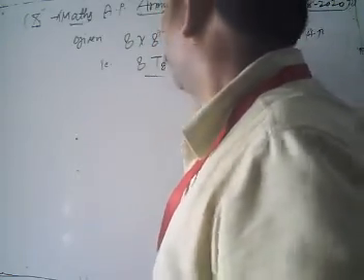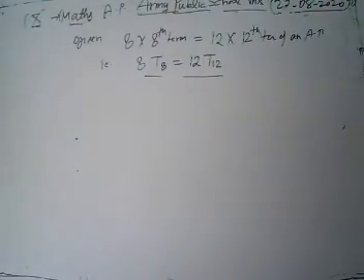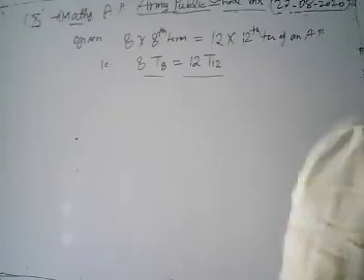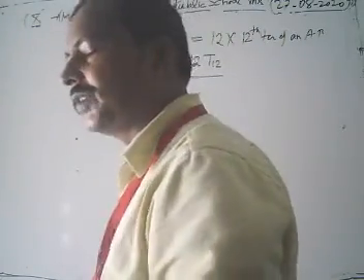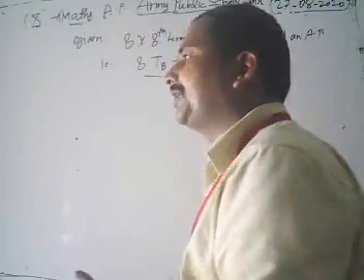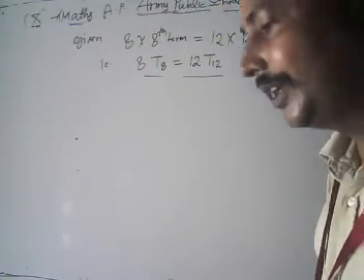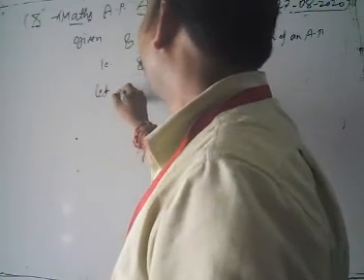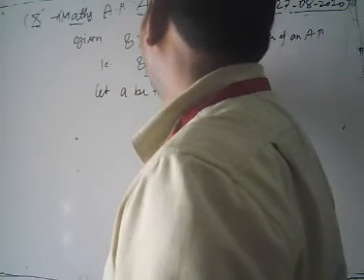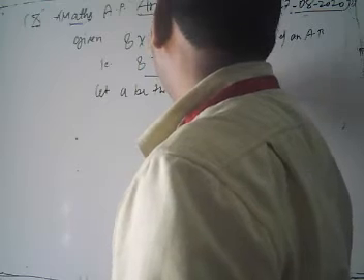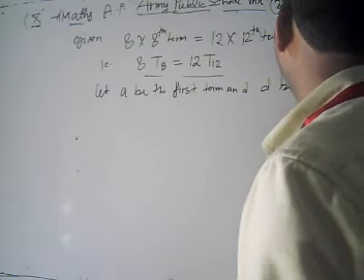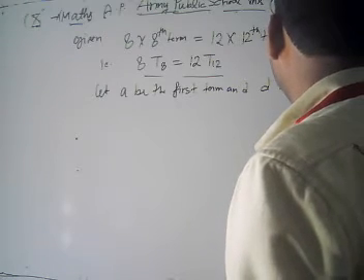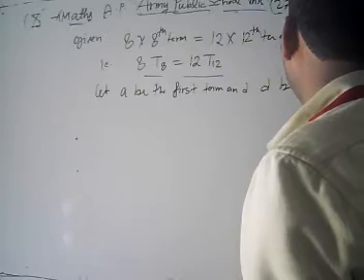To solve such problems, what do we start with? We don't know anything about the arithmetic progression series, so we are not able to find it directly. So we let A be the first term and D be the common difference of the given AP.